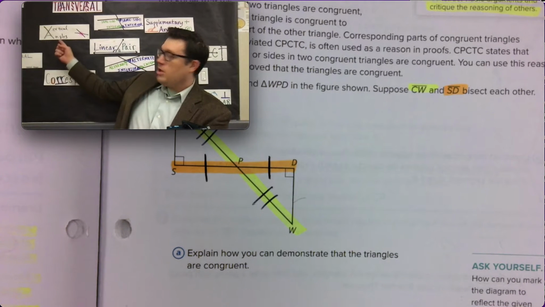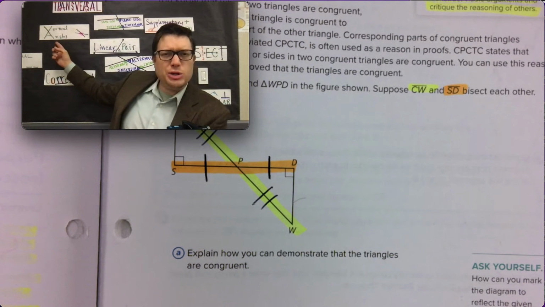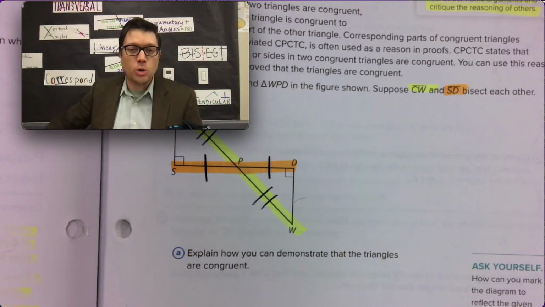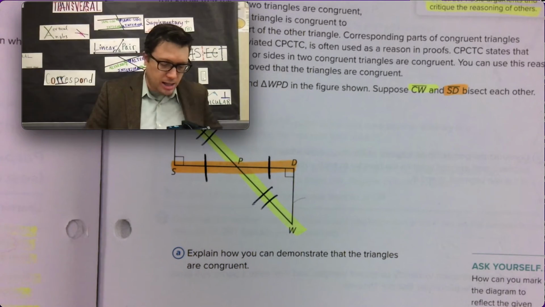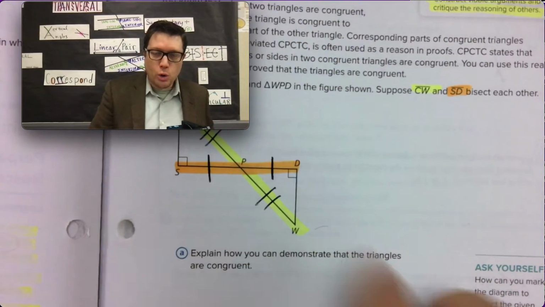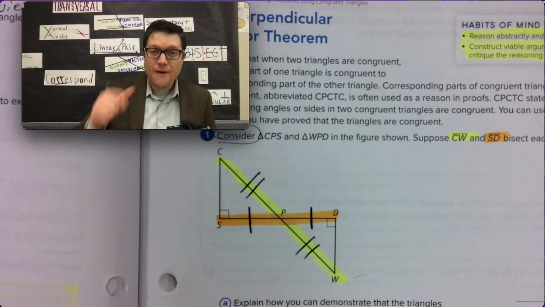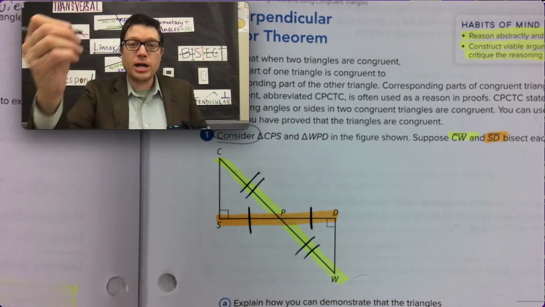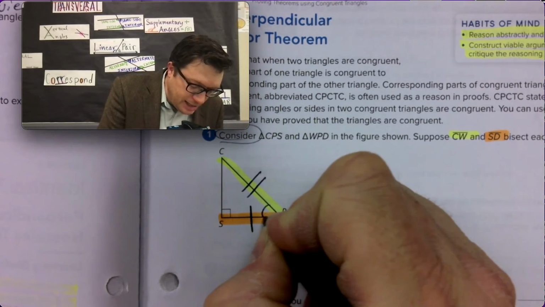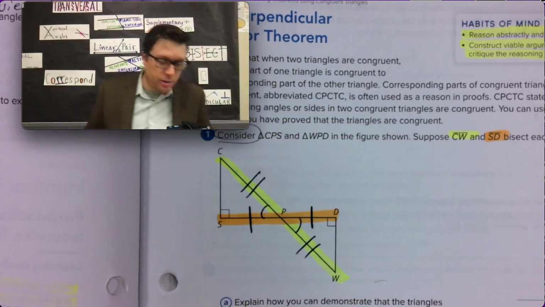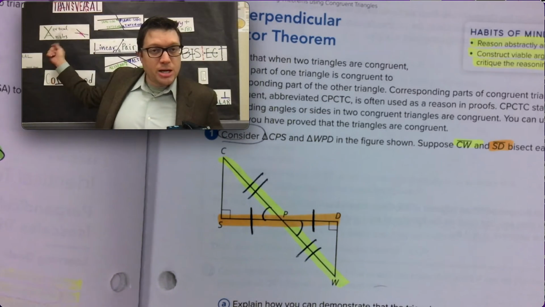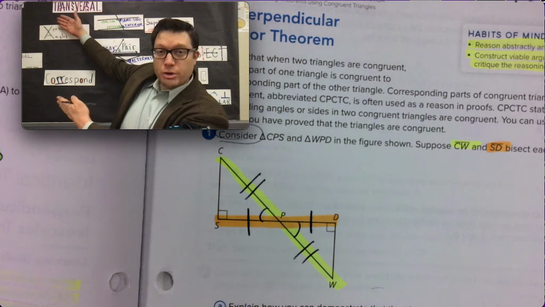Now, I also have this vocabulary word. Maybe zoom in on your screen. It says vertical angles. And when you see two lines that cross, like so, turn the book if it helps, you actually wind up creating vertical angles. And so we're going to acknowledge that CPS and DPW are congruent angles because they are vertical.